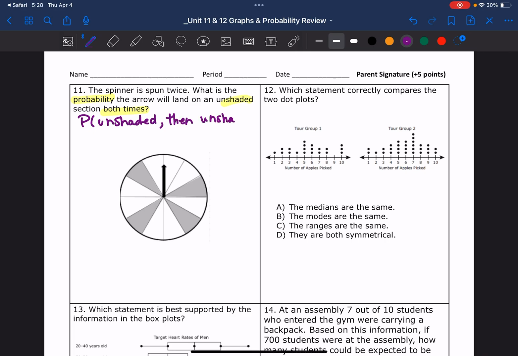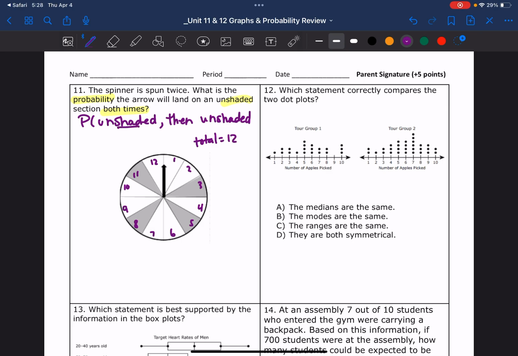Now this is independent because we're spinning it and we're not taking anything out, right? So here, let's count how many total sections there are. There's 1, 2, 3, 4, 5, 6, 7, 8, 9, 10, 11, 12. So there is a total of 12, okay?